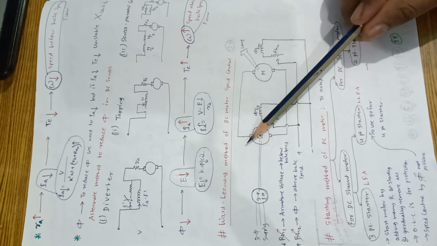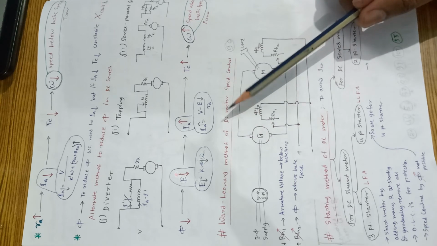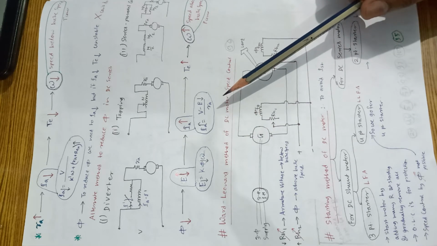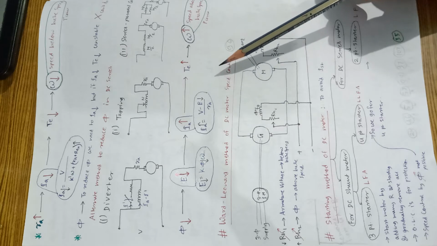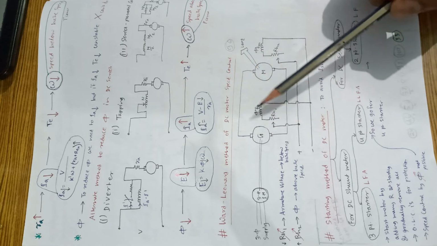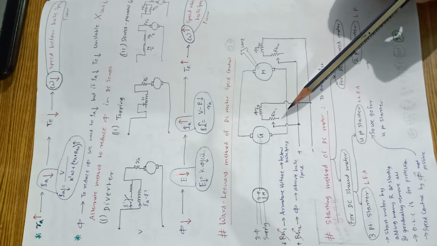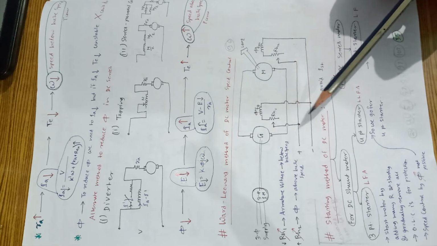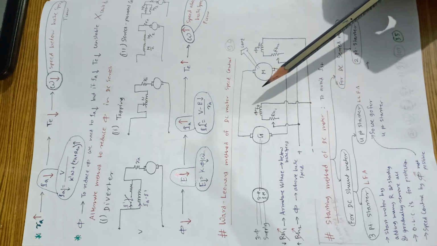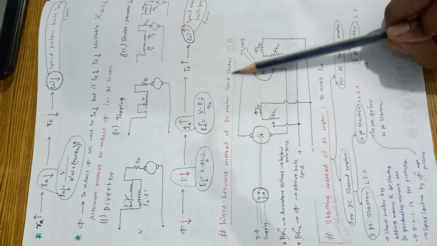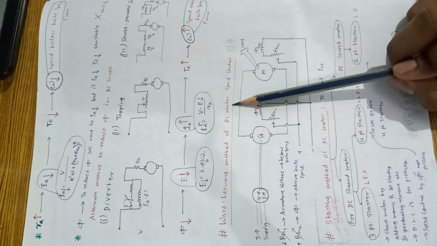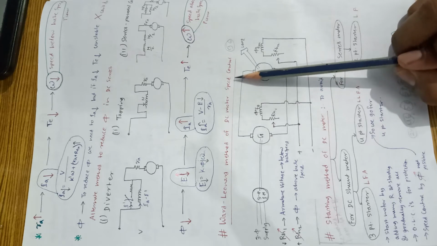With this method of speed control, we can do both. We can decrease the speed below base speed, and also we can increase the speed above base speed with this Ward-Leonard method of DC motor speed control.